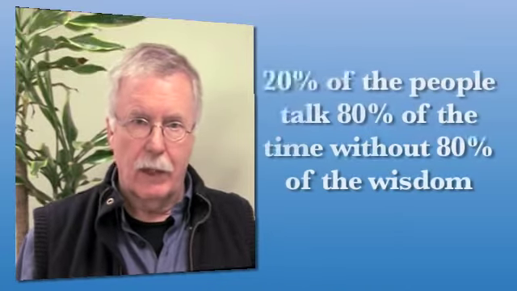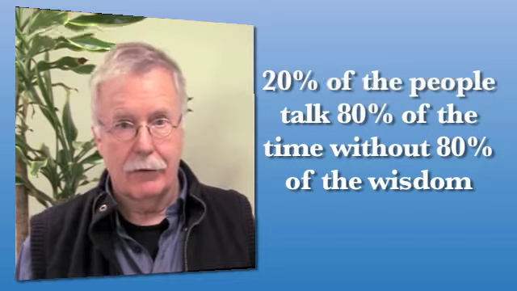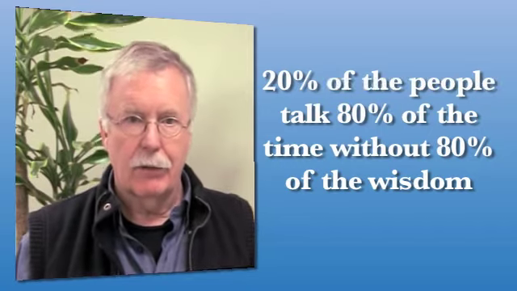And if you actually take data, you'll find that the 80-20 rule works. 20% of the people talk 80% of the time, and they do not have 80% of the wisdom. So you want the shy, brilliant person's wisdom to be part of the discussion, to be part of the problem solving. So you ask people to take markers and answer the questions.